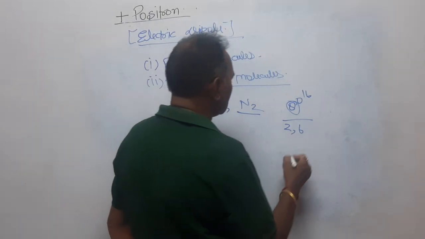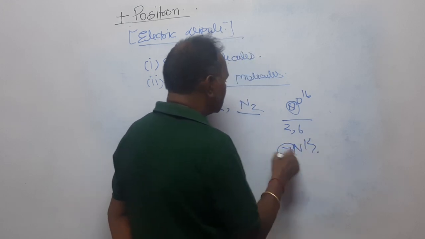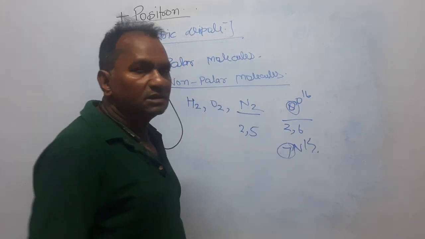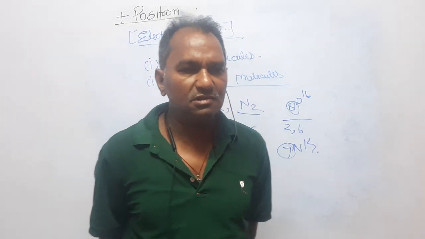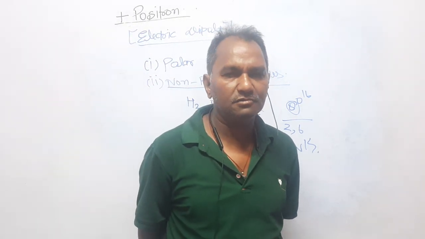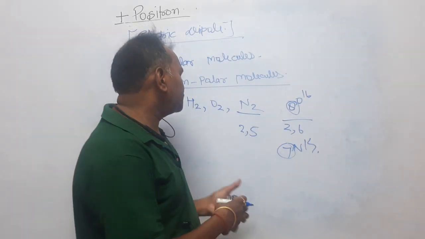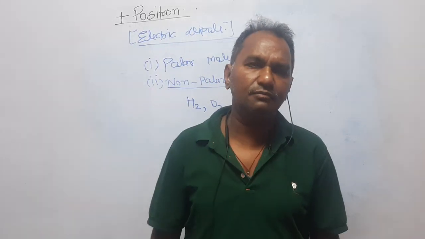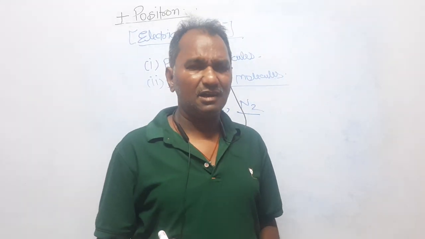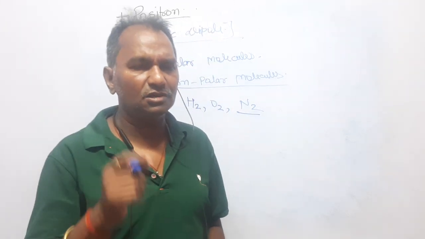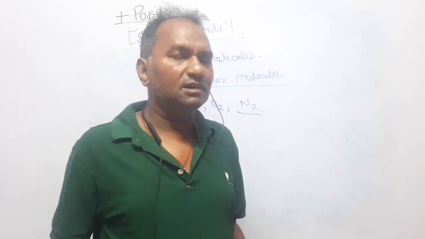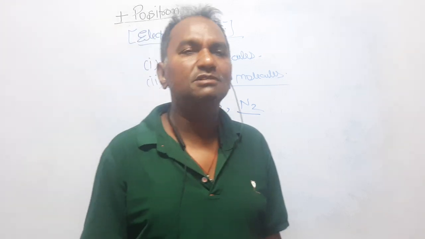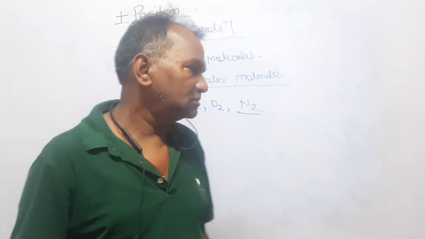Then nitrogen, which is 7 and 14, has electronic configuration 2,5, so it lacks 3 electrons to complete the octet. In hydrogen, there is one and only one electron in the first orbit, and to complete the first orbit it needs 2 electrons, so it lacks 1 electron. If it gets 1 electron from anywhere, it becomes stable like helium. Helium is 2He4, a neutral gas, you know.